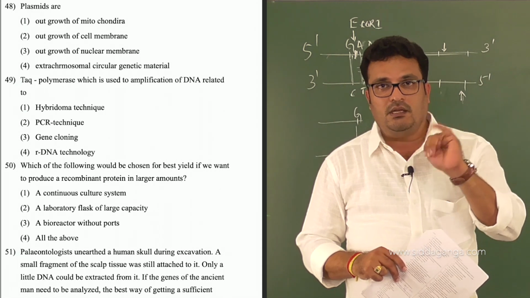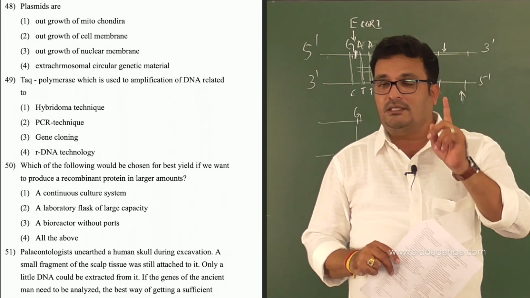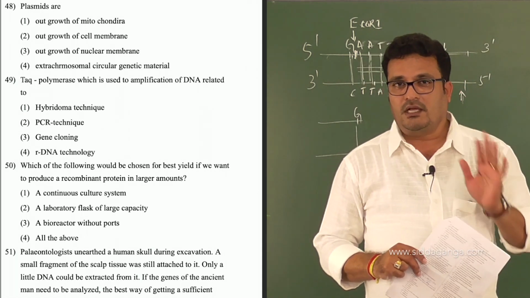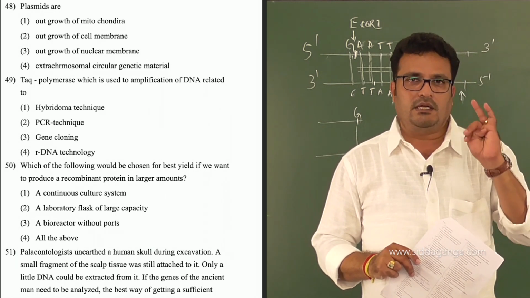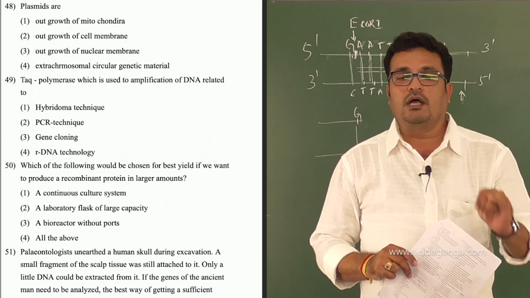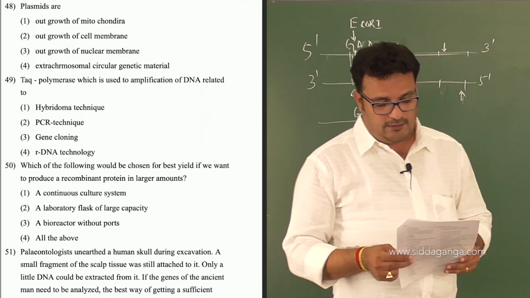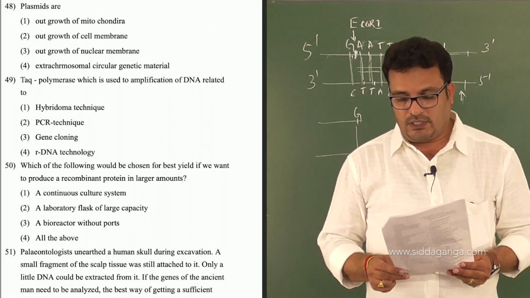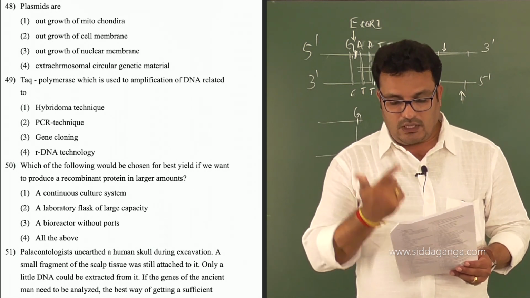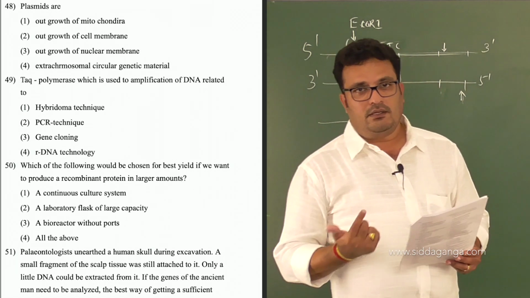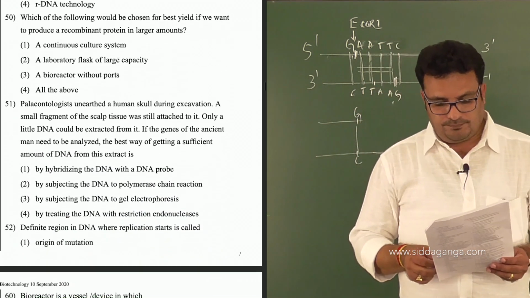Only DNA, not RNA, found to be present in the cytoplasm of bacterial cells. So remember properly: plasmids are extra-chromosomal, self-replicating, double-stranded, circular DNA found in the cell cytoplasm. So take option 4, and along with it, extra-chromosomal is already there, add self-replicating, circular is already there, and take double-stranded as well. Next question number 50.